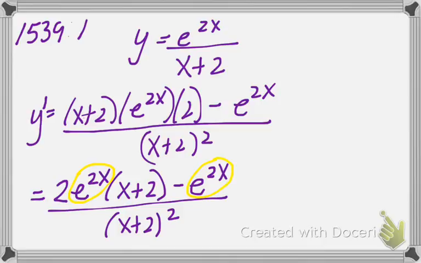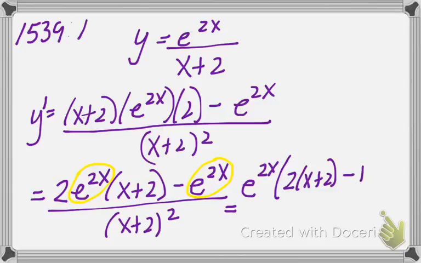So that means that we're going to factor out an e to the 2x. Okay, that leaves me with this. And the denominator stays the same.